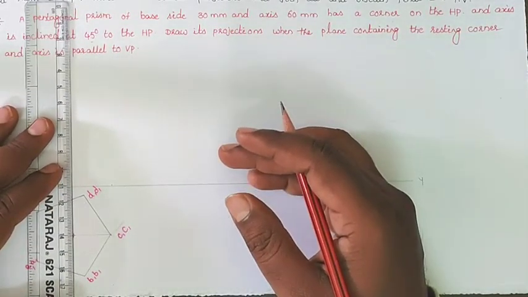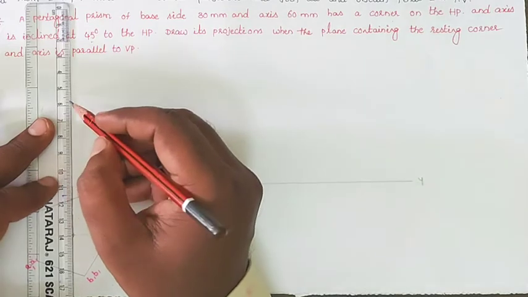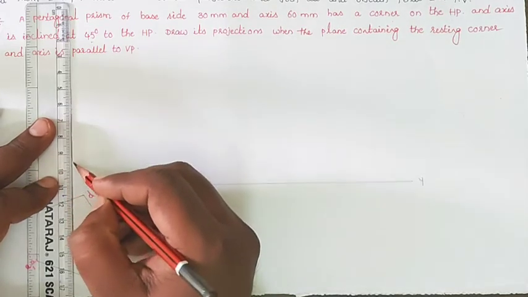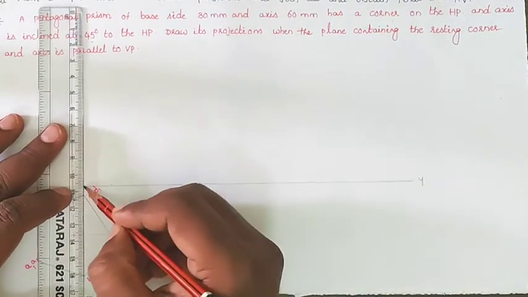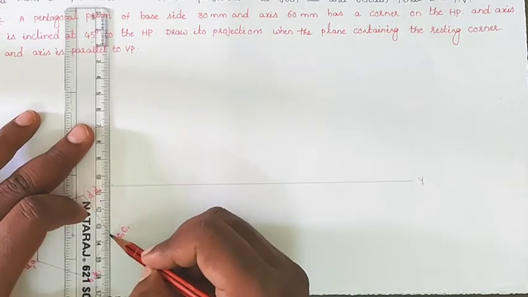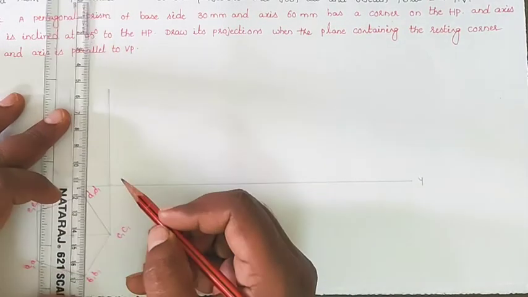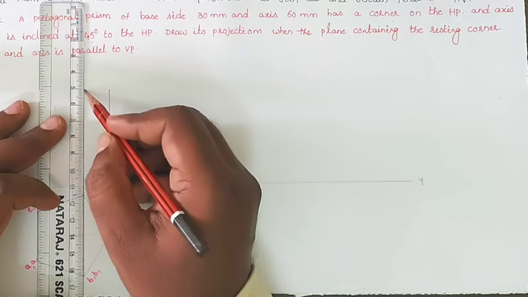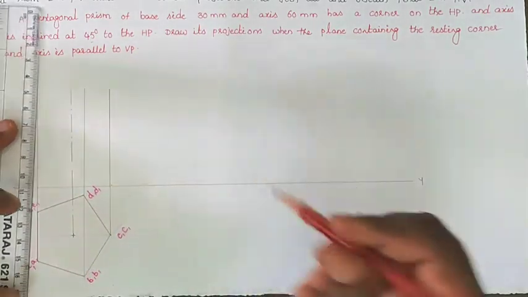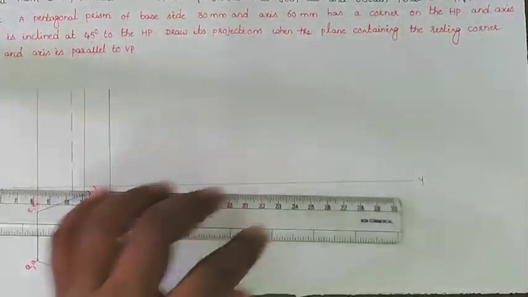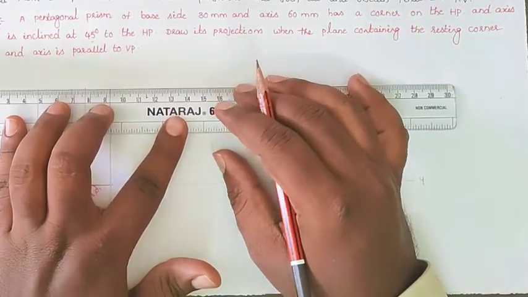The axis height they are giving is 60 mm. So this is the first front view of our diagram.